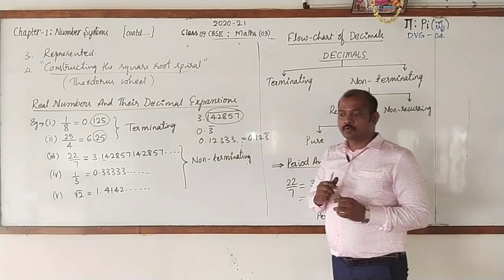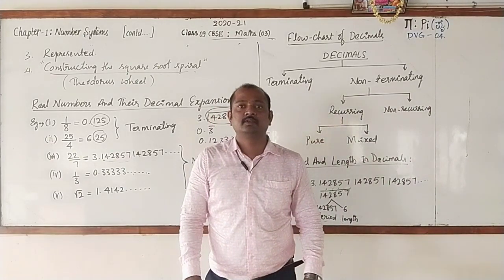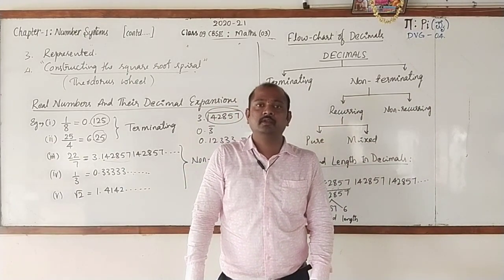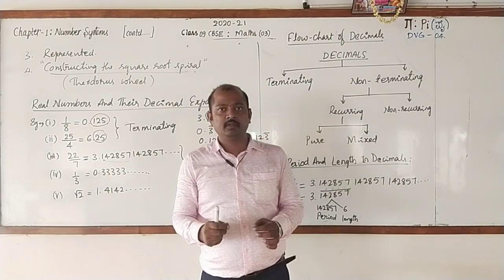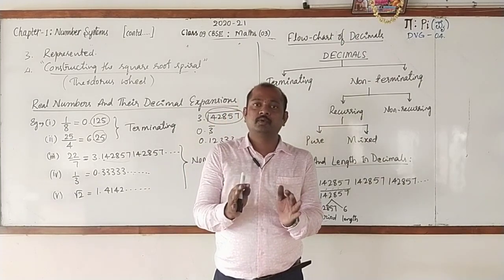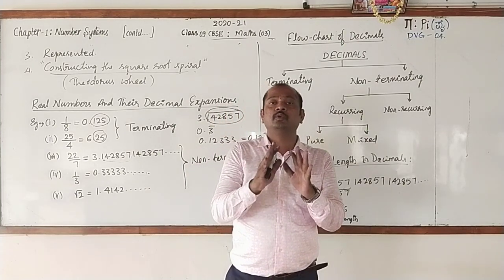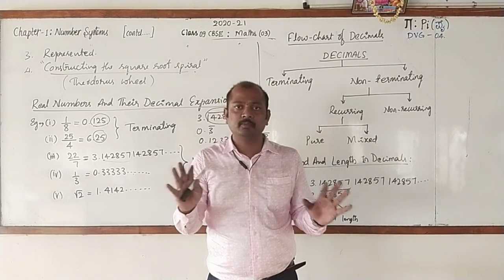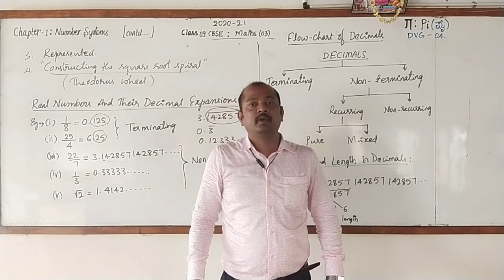Before concluding the class, let me tell you one important thing. Whatever syllabus we are covering, please work it out on the same day itself. Please don't keep anything pending. It will be a burden for you.